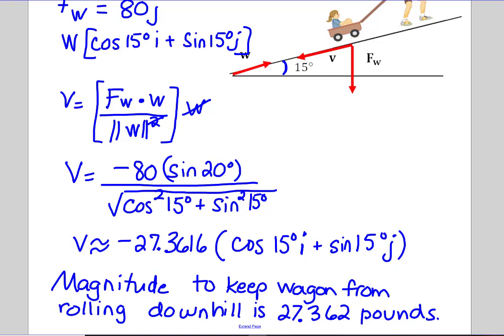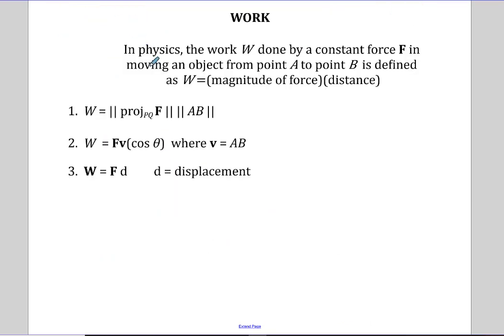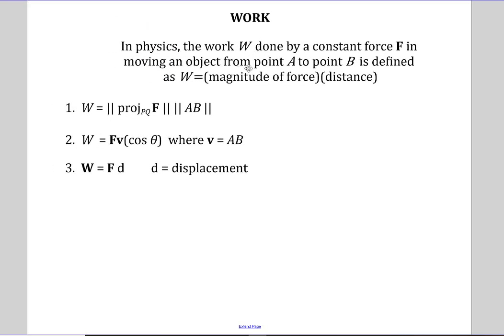And then here's two more easy physics problems talking about work. In physics, the work we do, W, by a constant force F in moving an object from point A to point B is defined as magnitude of the force times the distance.